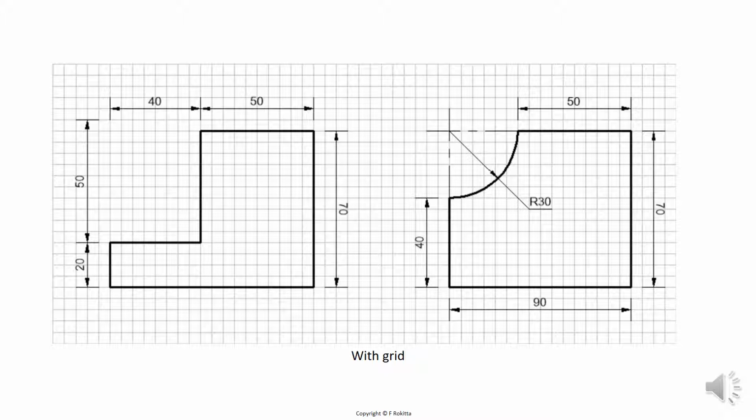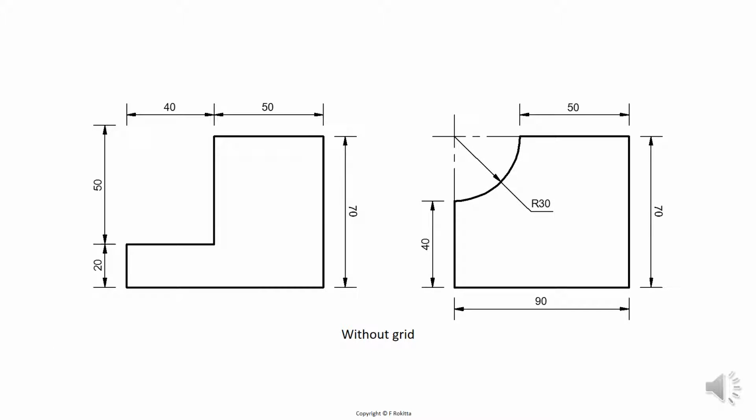Please also note that the arrowhead will be drawn on the inside of that arc from the central point, and the dimension line will be extended and then have a horizontal flat line on which the radius of 30 will be written. Here is the answer without the orthographic grid in the backdrop. This is pretty much what your answer will look like on your workbook's page.